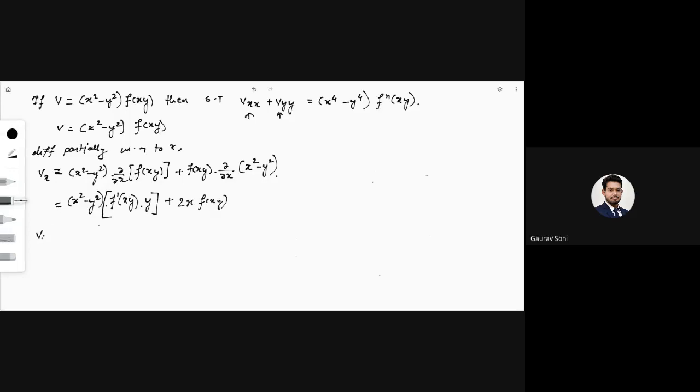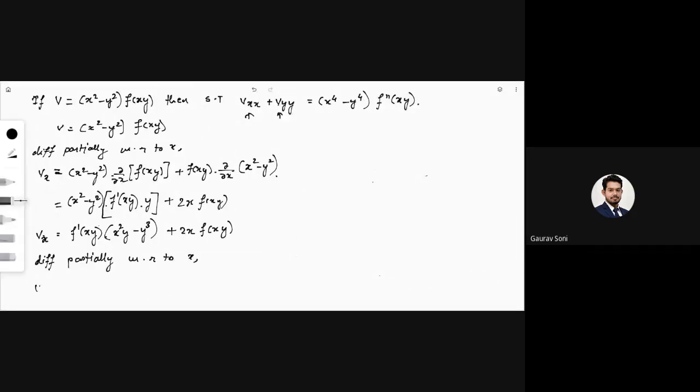So Vx is equal to f dash of xy, and I will multiply this y into the bracket, x square y minus y cube. I'm doing this because I have to take one more derivative, plus 2x f of xy. So I will differentiate this once again, partially with respect to x.